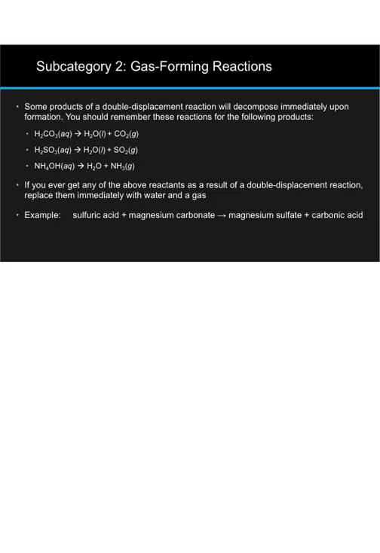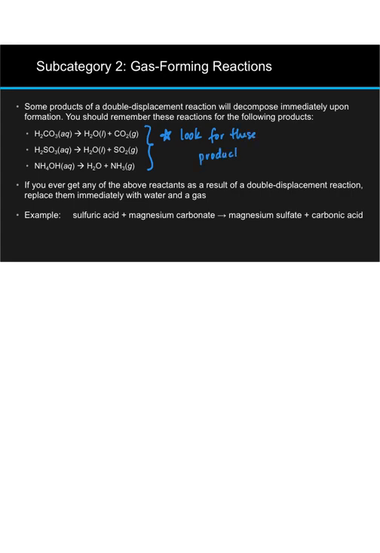A second subcategory of double displacement reactions occurs from gas-forming products, so-called unstable products, shown in these bullet points here. If ever we see the products H2CO3, H2SO3, or NH4OH, we'll replace them immediately with water and a gas.